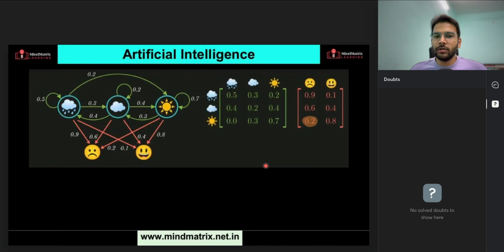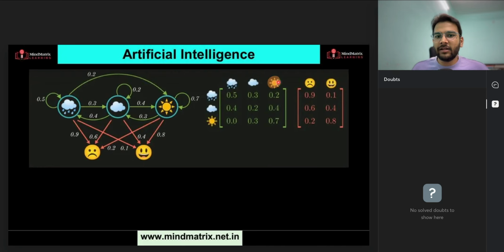Let me ask one more question. What is the probability that the weather is sunny given that it is raining? What is the probability that tomorrow the weather is sunny given that today it is raining? It's 0.2, right?